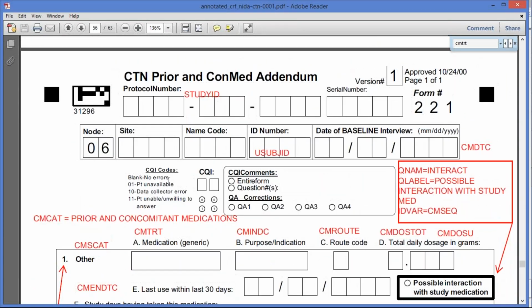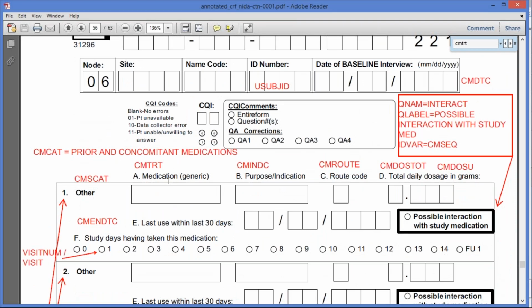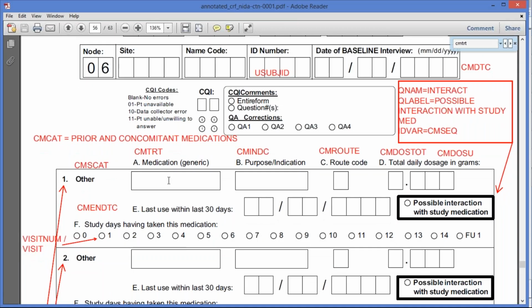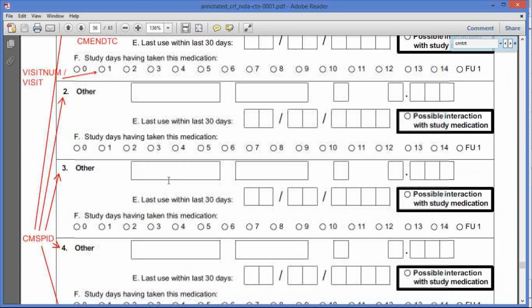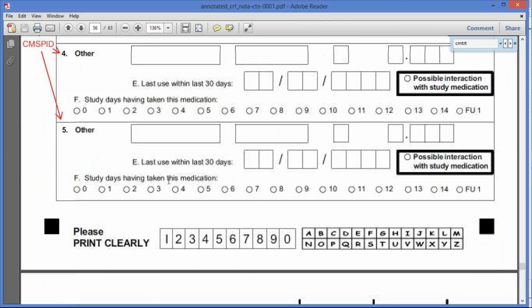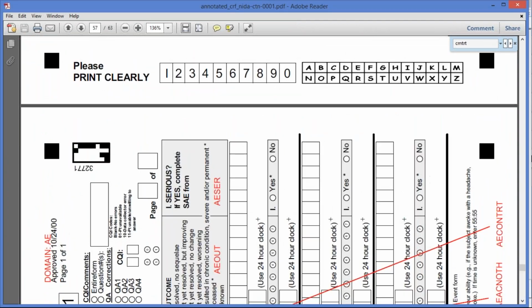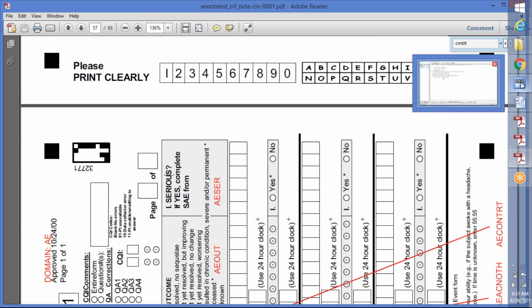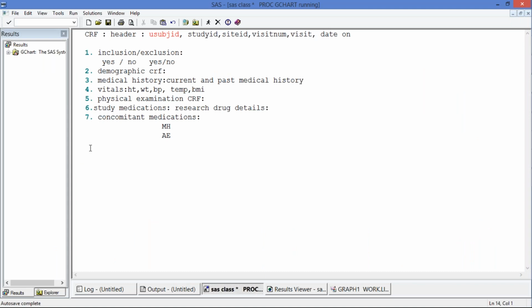In case other than these categories, if the patient is taking any other medication, the other medications also can be listed. So this is concomitant medication. Other medication drug details will be collected in the concomitant medication form.